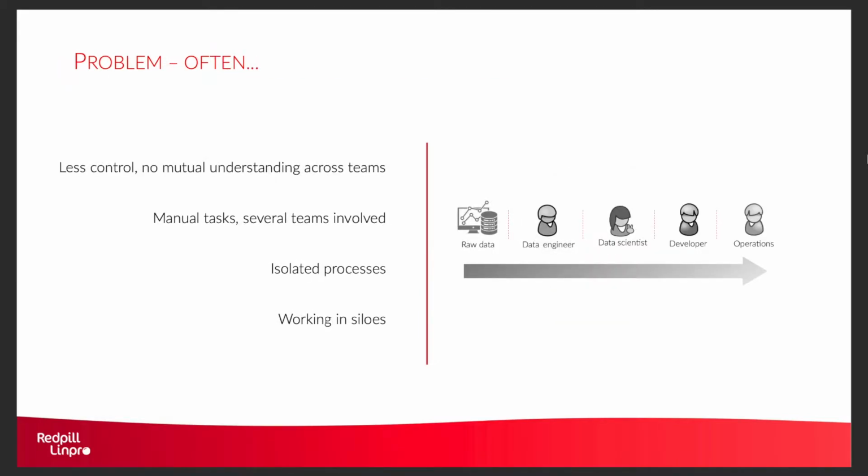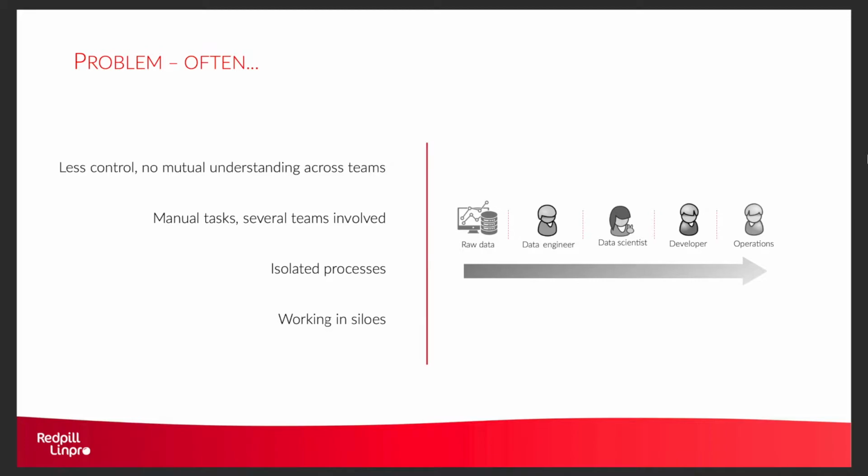And the problem often, in our experience, of course not with everyone, but with a lot of data science or analytics teams, is that there is not much mutual understanding across the teams. Meaning that if you have this arrow here, then you have raw data. You have a data engineer that's supposed to take that data, do something with it, and then just put it to a storage where a data scientist could pick up on it and model on it.